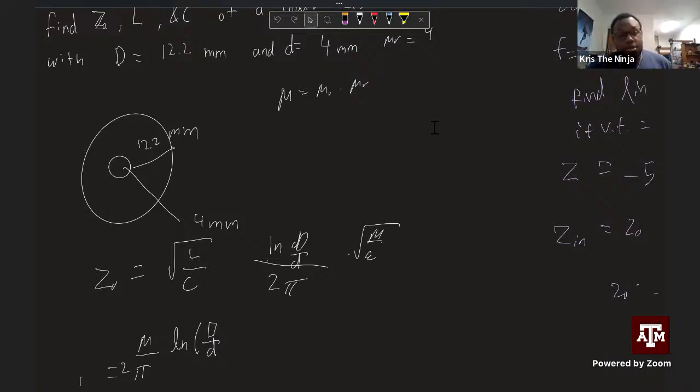The first thing we should do is find what L is.